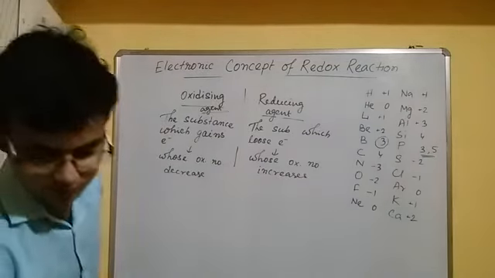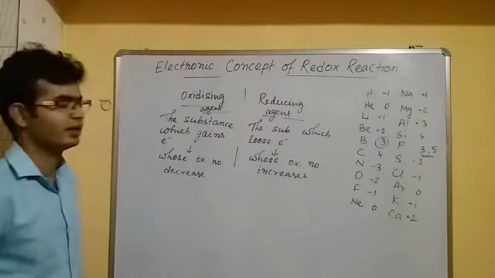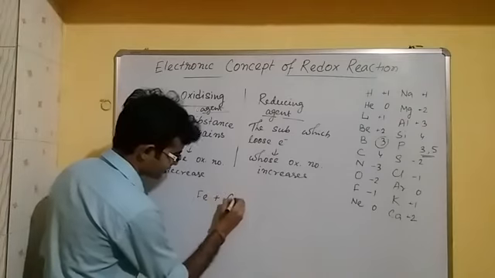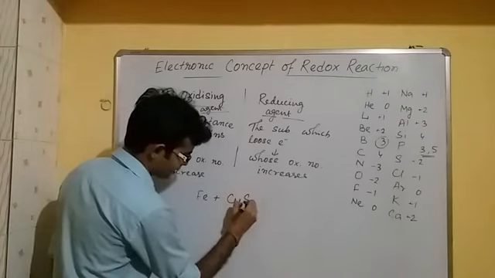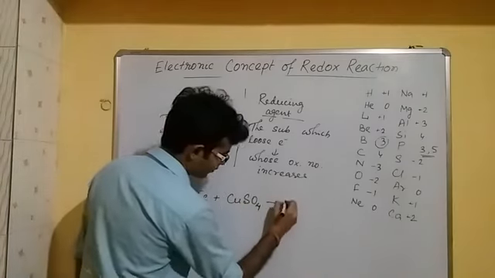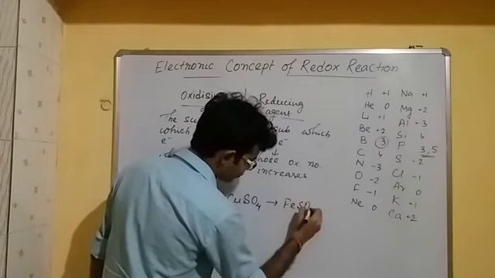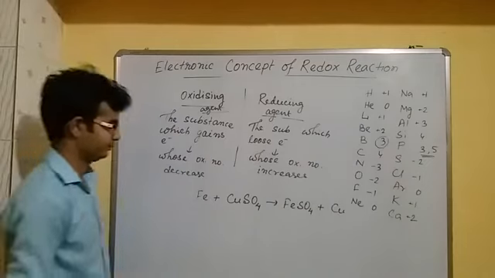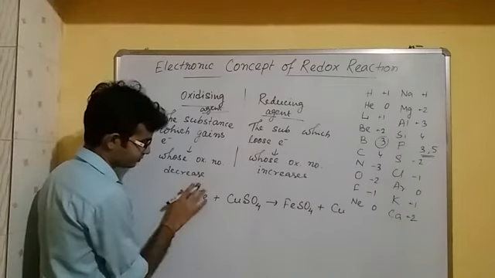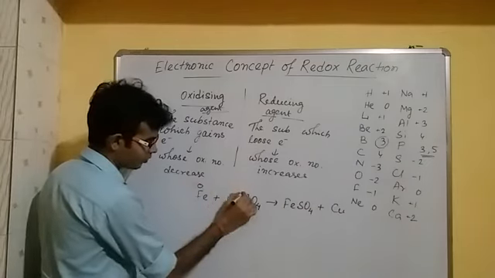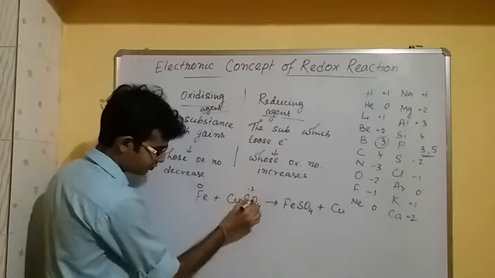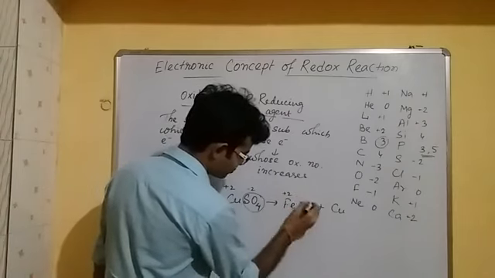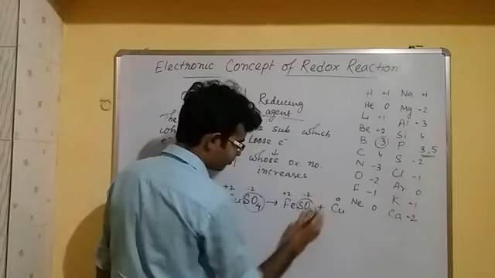I am giving you one example by which you can easily identify this. Fe plus CuSO4 forms FeSO4 plus Cu. Iron alone is 0, sulfate minus 2, copper plus 2, iron plus 2, sulfate minus 2, copper alone 0.